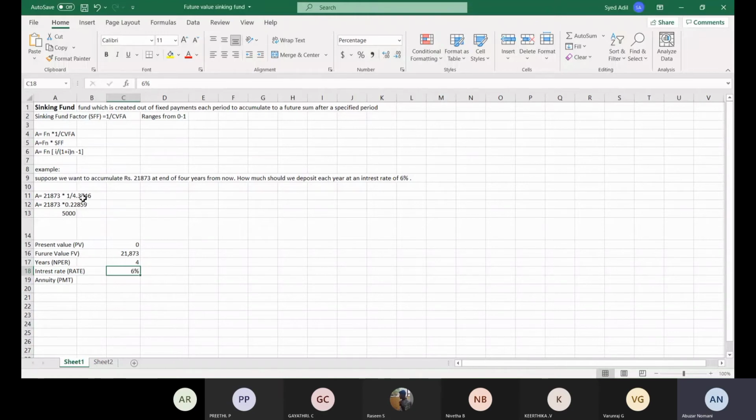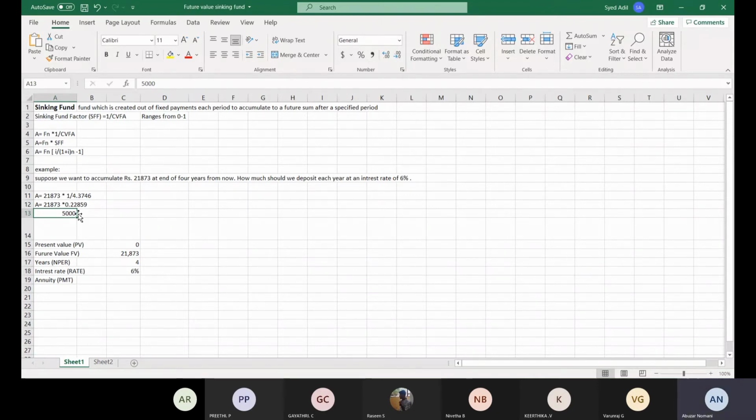When we divide 1 by 4.3746, the sinking fund factor will be 0.22859. I have told you that the sinking fund factor ranges from 0 to 1, and here we see that it is less than 1. So if we multiply it, we get the sinking fund amount of 5,000.